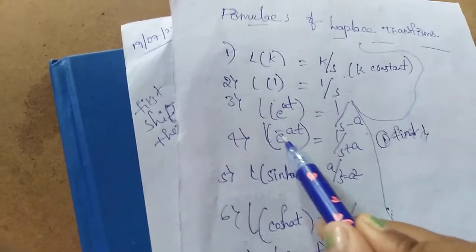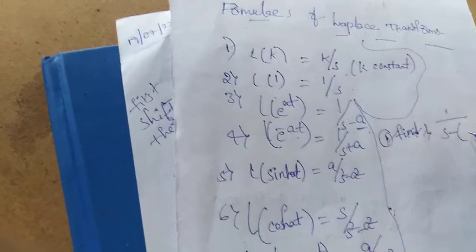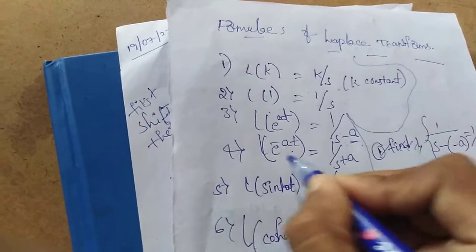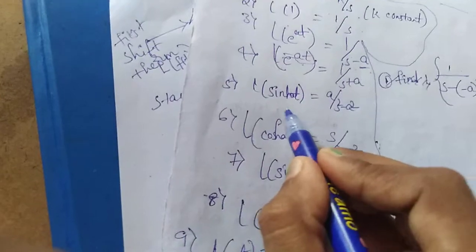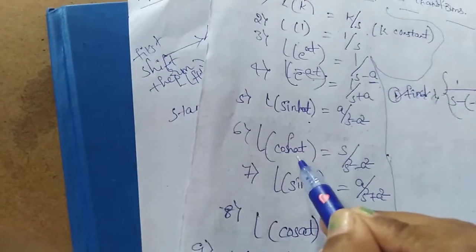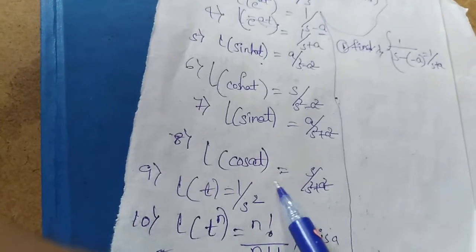If L of e power minus at, in the place of minus a we keep, and it becomes 1 by s plus a because of e power minus at. Then L of sinh at equals a by s square minus a square, L of cosh at equals s by s square minus a square, L of sin at equals a by s square plus a square, and L of cos at equals s by s square plus a square.